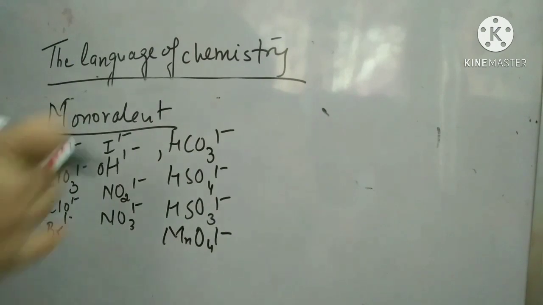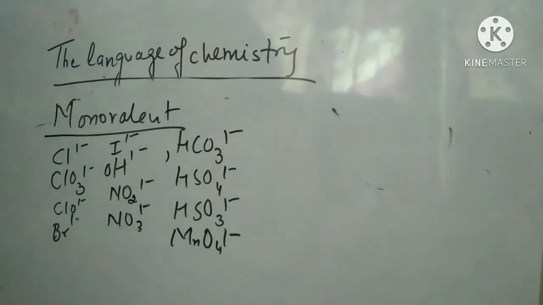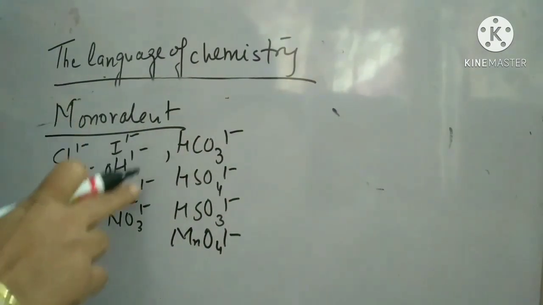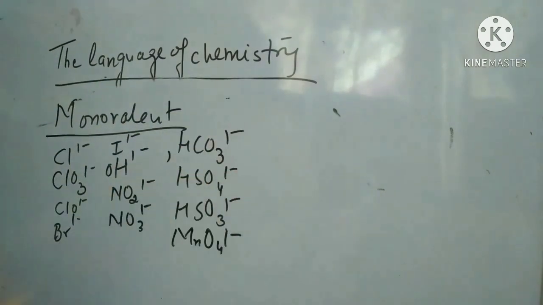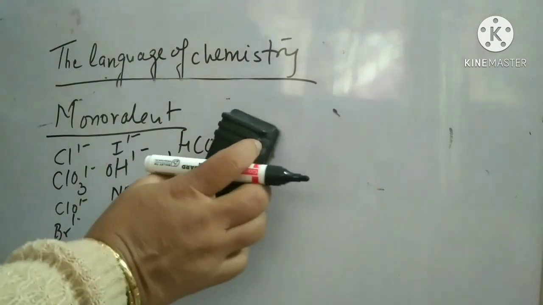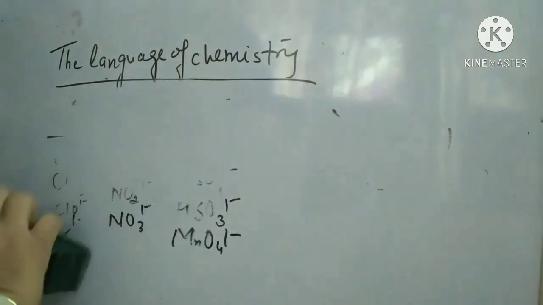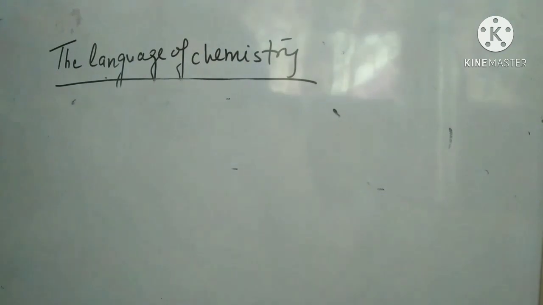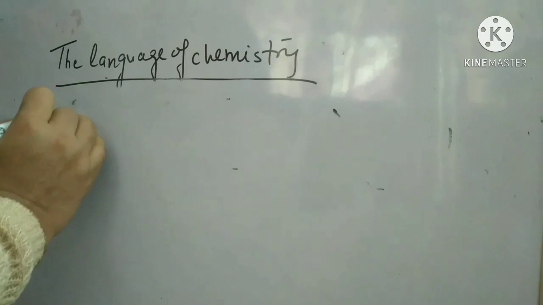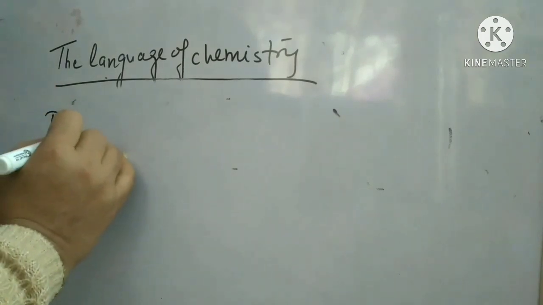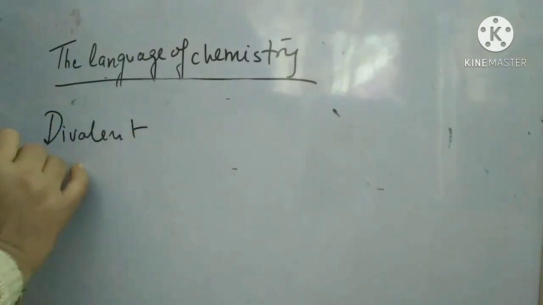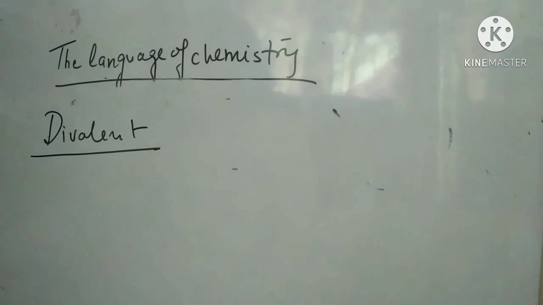So all these are negative radicals having 1 minus valency, so they are known to be monovalent elements. Now coming to divalent elements, those elements having 2 valency.